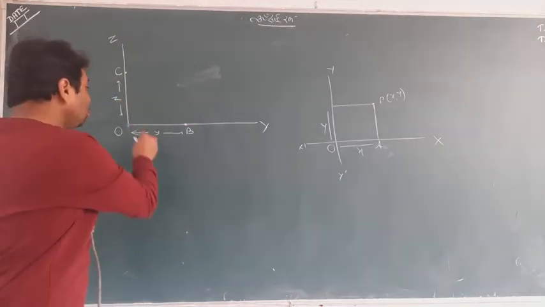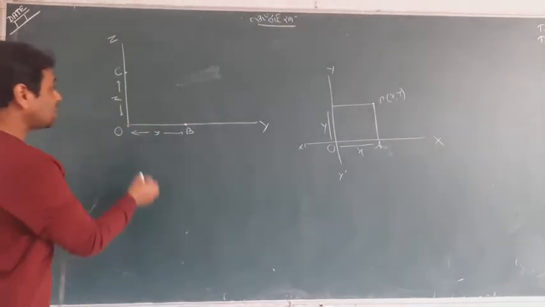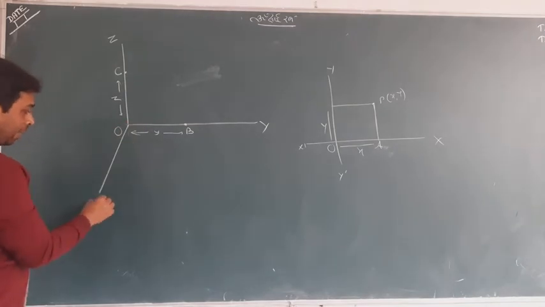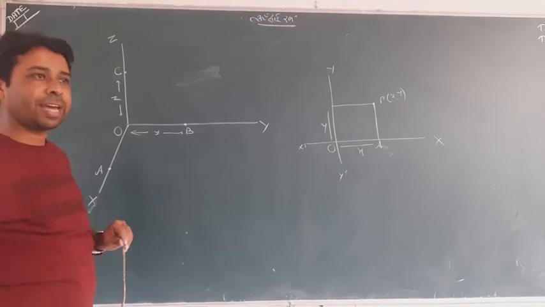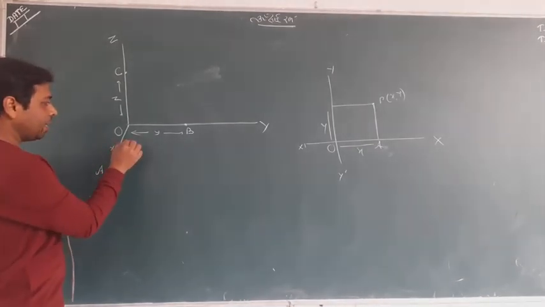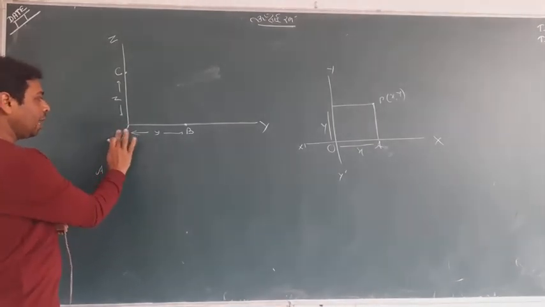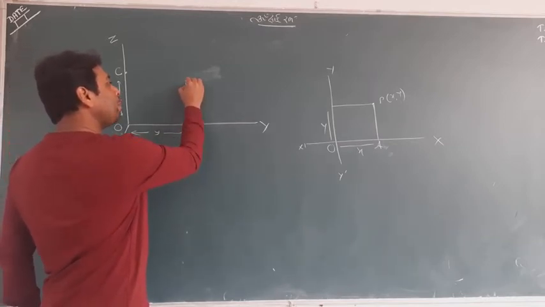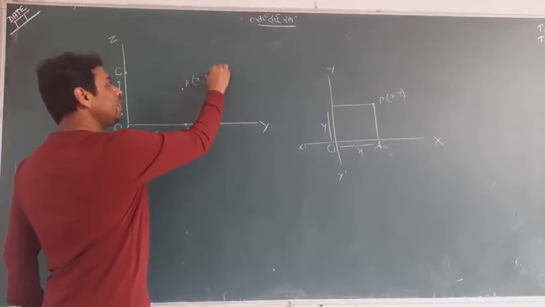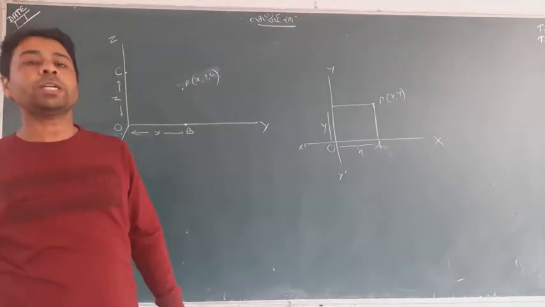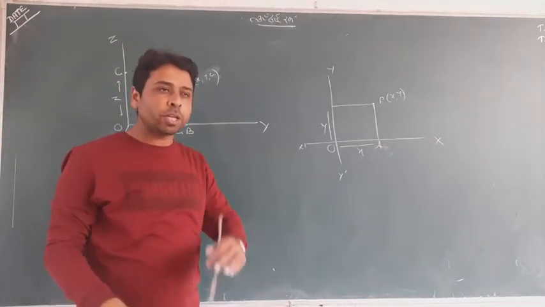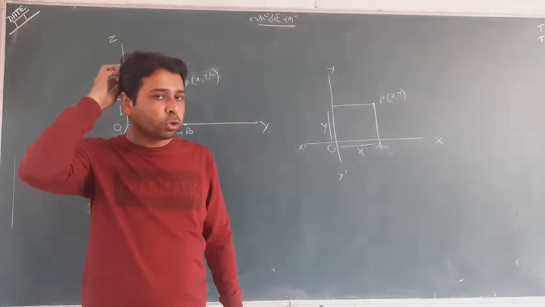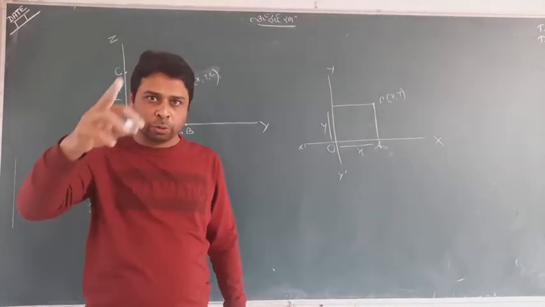Now I have to draw the x-axis. You can understand. Suppose this is my x-axis and the perpendicular meets the x-axis at A, and this distance is maintained as x. Okay. Now let me make the point P. Suppose my P is here, (x, y, z), and with a little experiment I told you that we drew some perpendiculars.